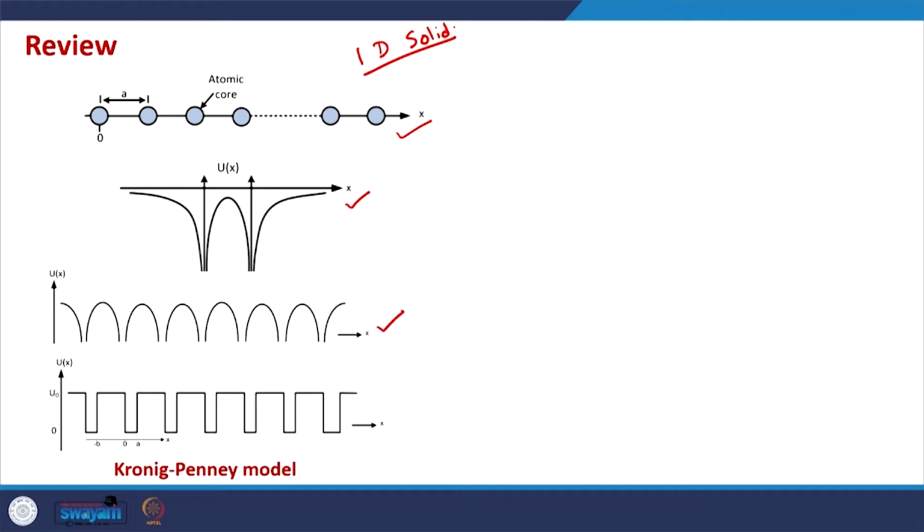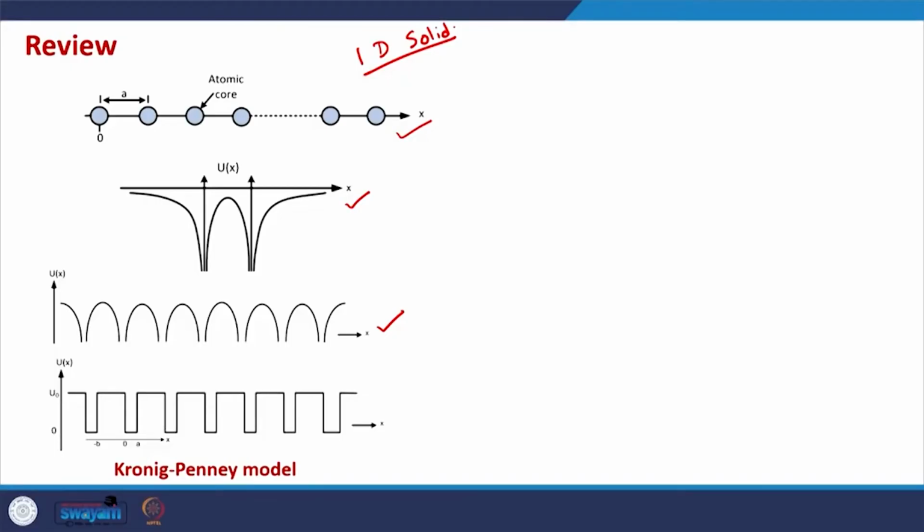With this potential energy we need to solve the Schrodinger equation in order to precisely determine the behavior of electrons.